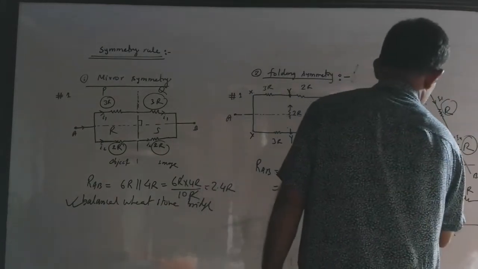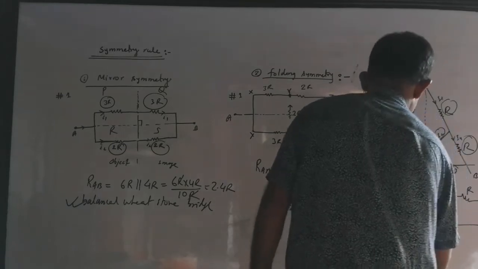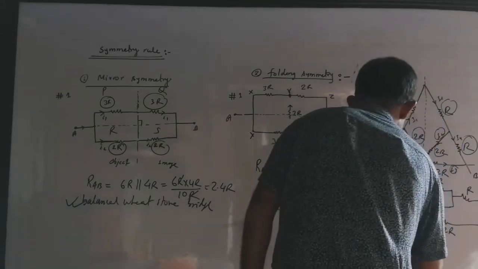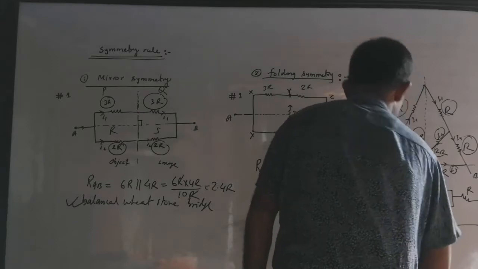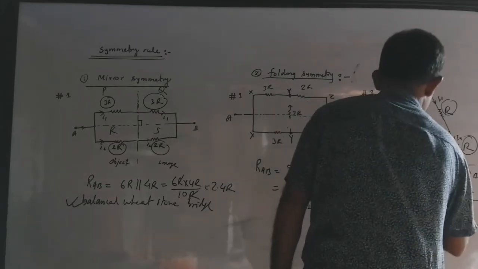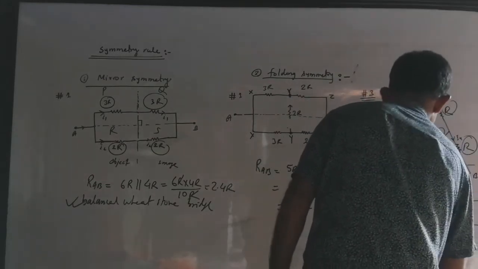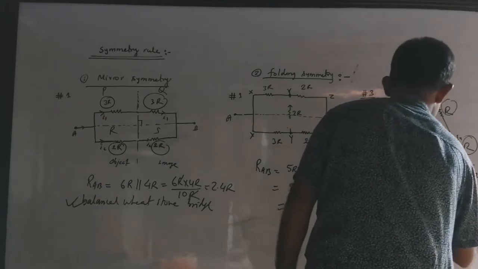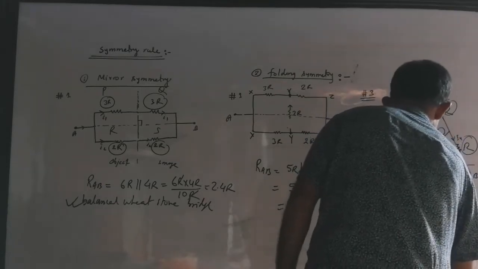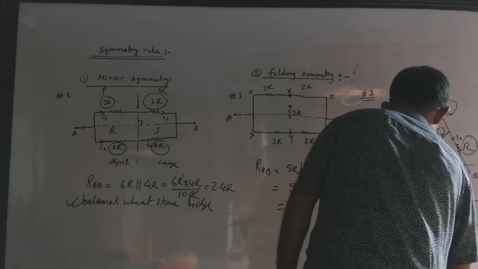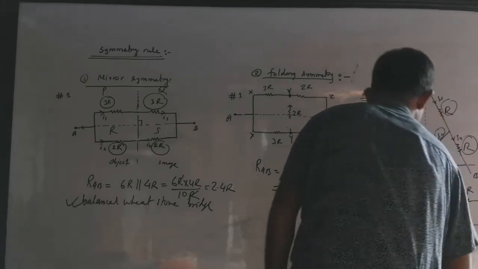See this 2R, 2R parallel, and so let me write for the upper branch. Upper branch is R, and plus this 2R in the series, so that's 2R, and this 2R, 2R also series, that's 4R, but they are in parallel, so I wrote like this.